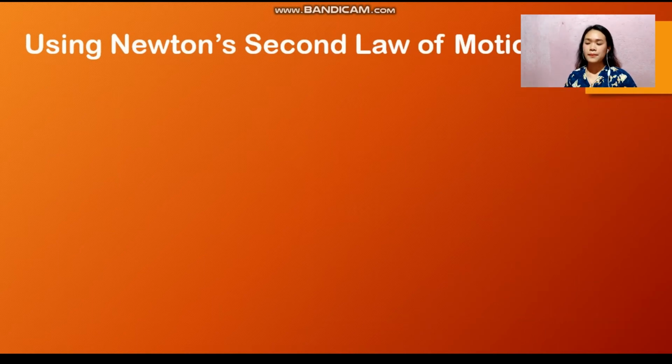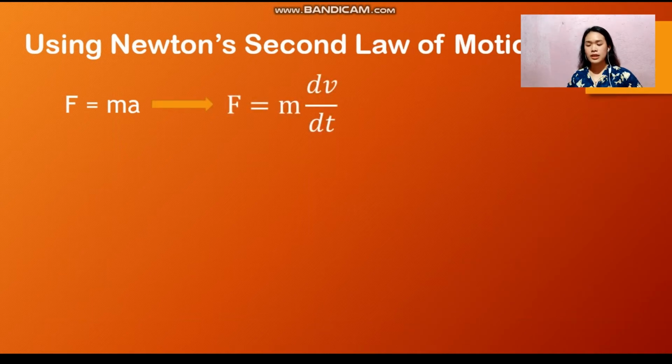So, yun, sa paggamit natin ng Newton's second law of motion, which is F equals ma, may relation yung acceleration and yung velocity. Kaya ngayon, papalitan natin yung acceleration ng dv over dt. Kaya, naging F is equals to m times dv over dt.